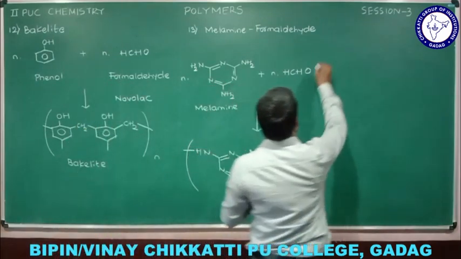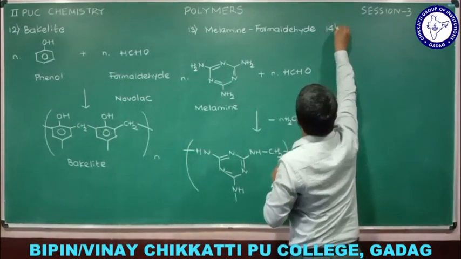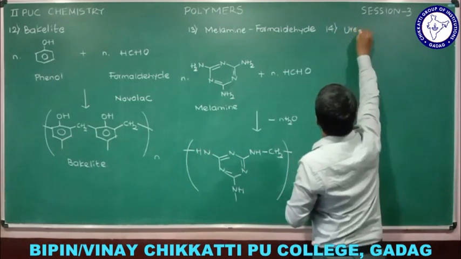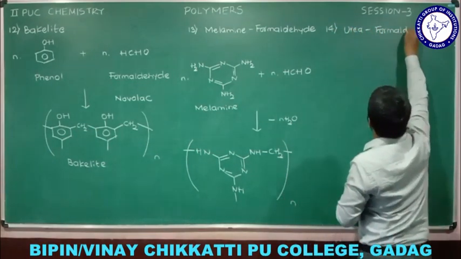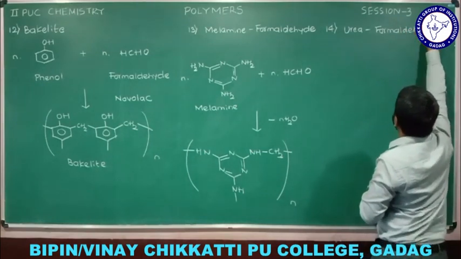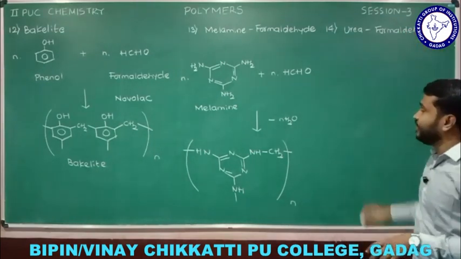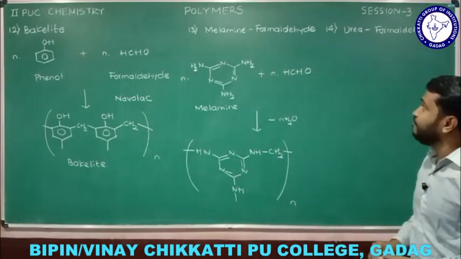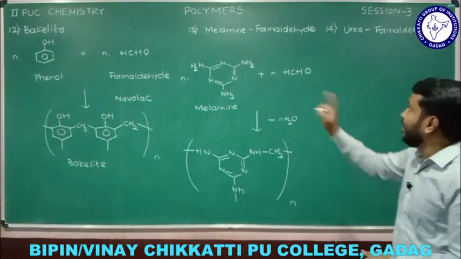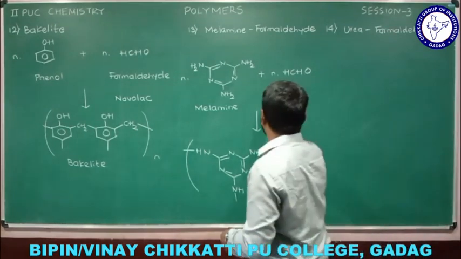We'll see the next one, that is the last one, and we are going to talk about urea formaldehyde polymer. In these two cases, the union of the monomer names itself will be the name of the polymer. So melamine and formaldehyde, and this is formaldehyde.